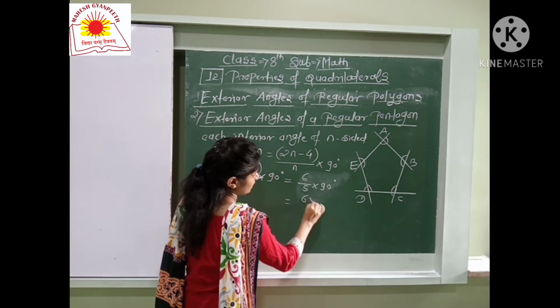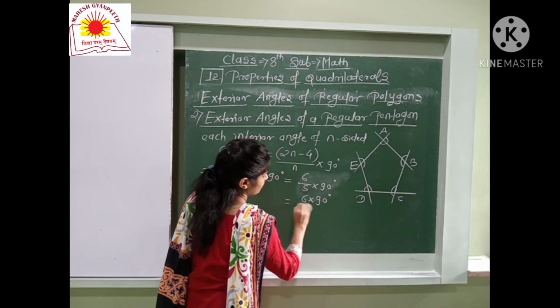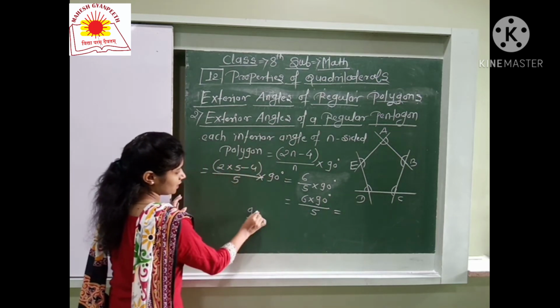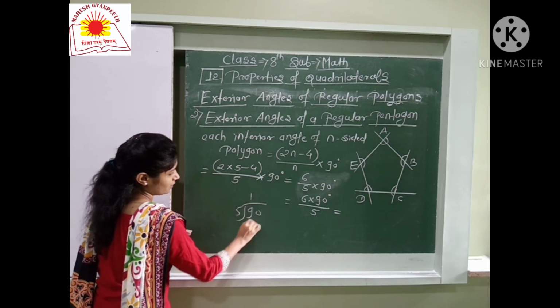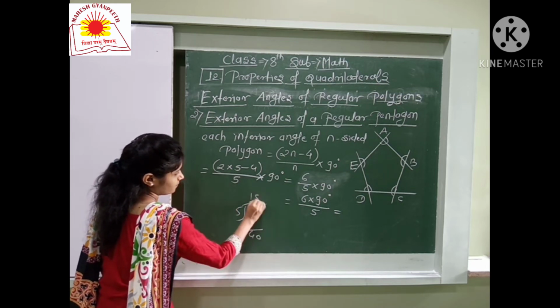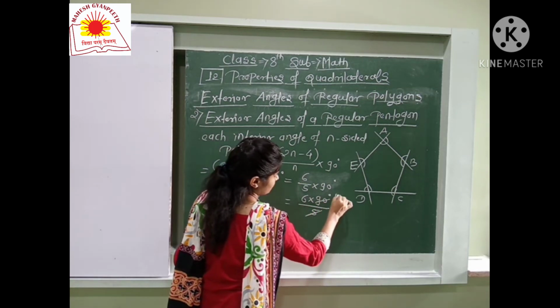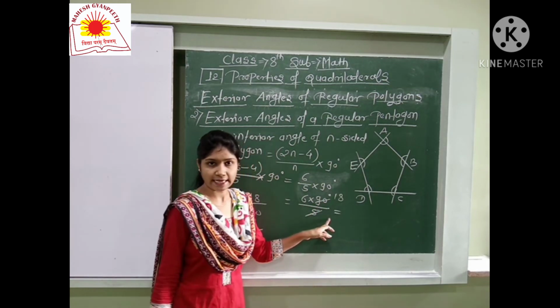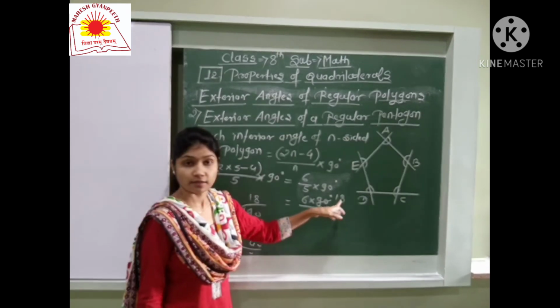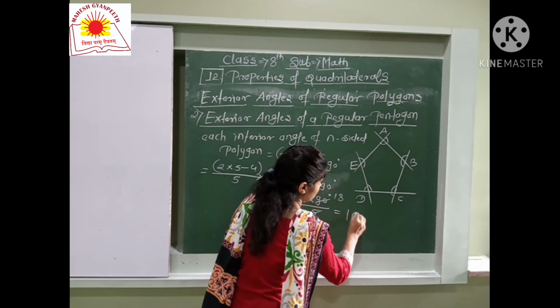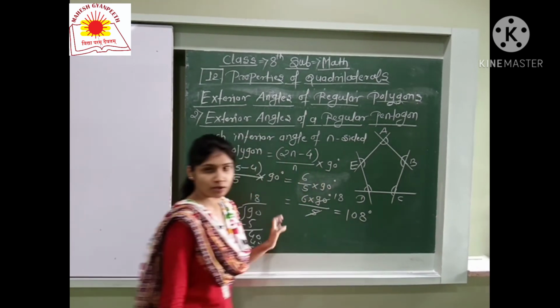See, 6 multiplied by 90 upon 5. Okay. So 90 is divisible by 5; 5 eighteens are 90. So 18 multiplied by 6 is what? 108. 18 sixes are 108 degree.